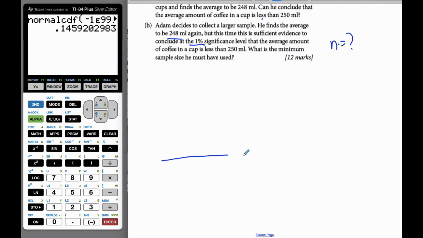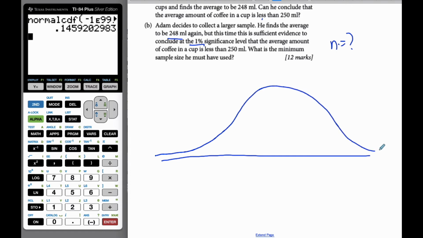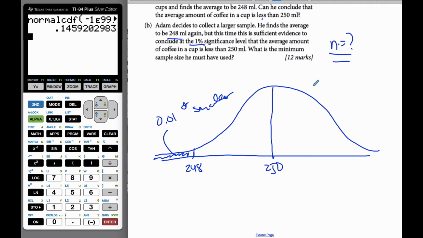So if I picture this, now I have this normal curve, and here is 250, and here is 248, and now we're saying that this probability is 0.01 or smaller. We do not know what n is.